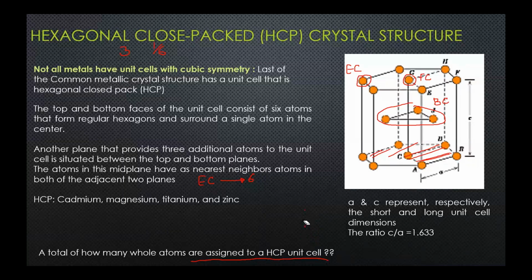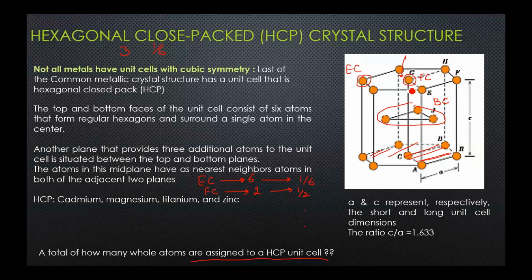So the contribution of the HCP corner edge atom towards the HCP unit cell would be 1/6. Similarly, if I talk about the face-centered atom, which is this atom, what is the contribution of this atom towards the unit cell? Sir, 1/2. Yes, it is being shared by 2 unit cells, so the contribution would be 1/2.